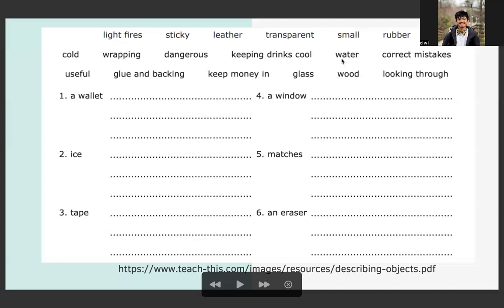You can choose water as well, I think. So cold, water, and then keeping drinks cool. Yeah. So these are the descriptions of ice. You can try the rest by yourself, the tape, window, matches, and eraser.